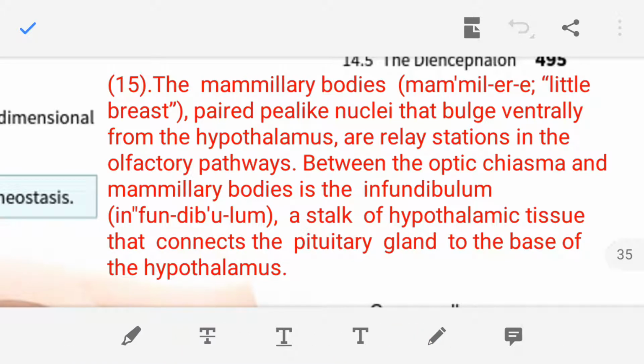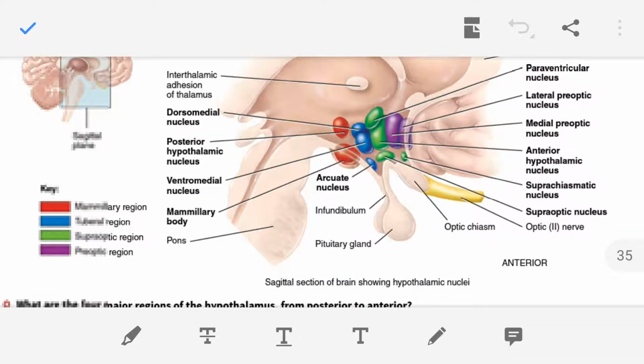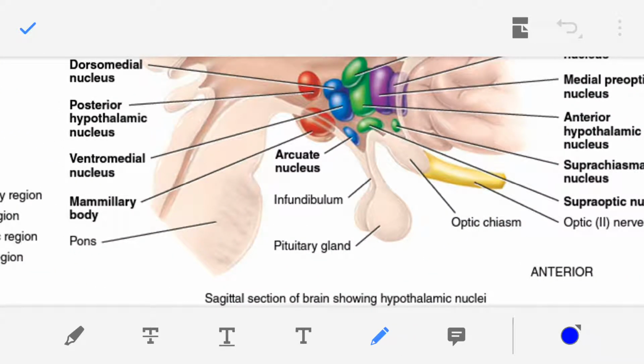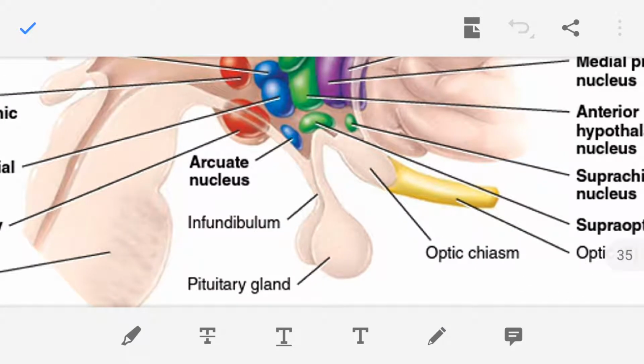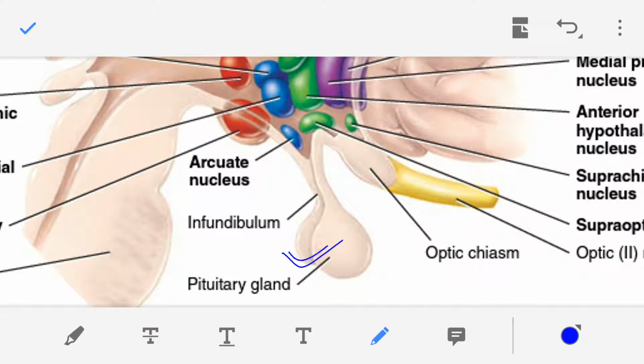Now, in between the optic chiasm, for example this is the optic chiasm, and here this is the mammillary body. Between the optic chiasm and mammillary body, the infundibulum is present. Here this one is the pituitary gland, this one is the hypothalamus.